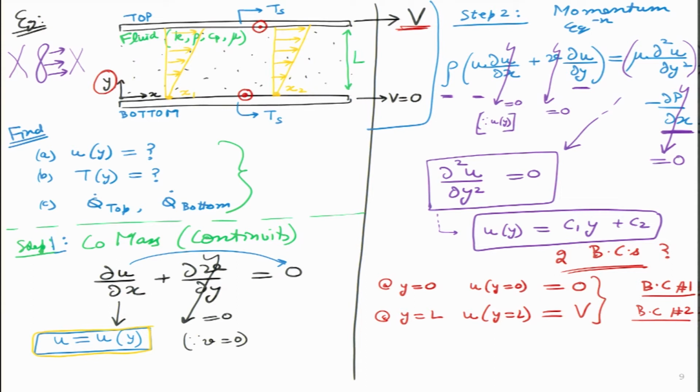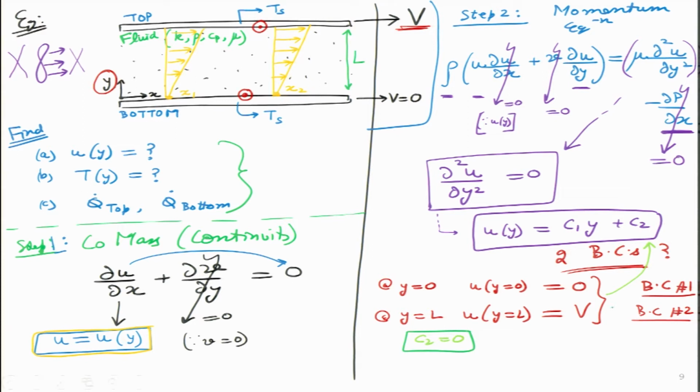What I am going to do is apply these two boundary conditions and get the values of C1 and C2. I can do it very quickly. If we apply the first boundary condition, we make it 0, and immediately we get C2 equals to 0.